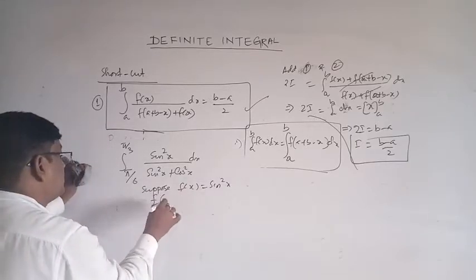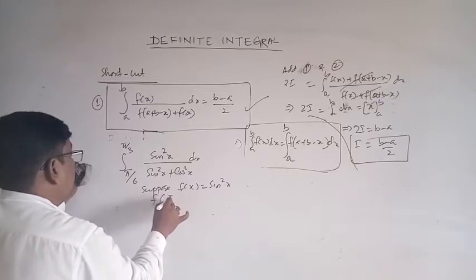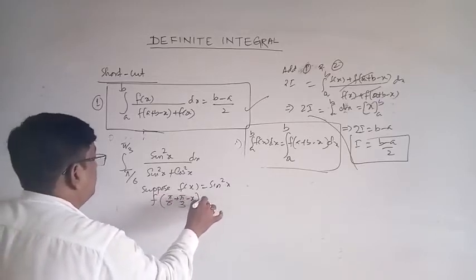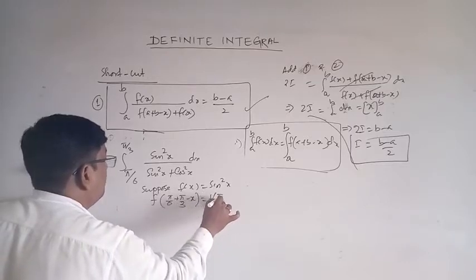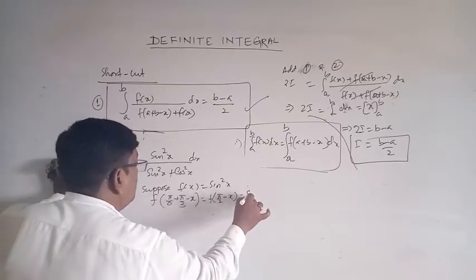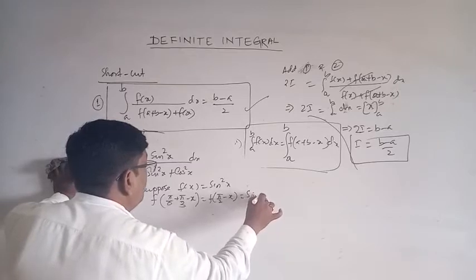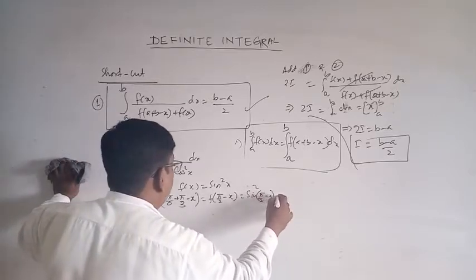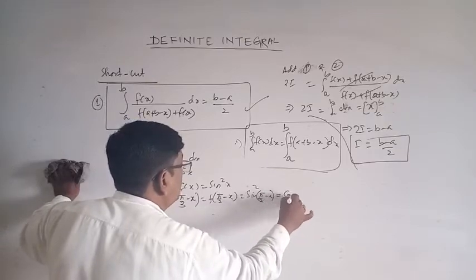Then f(pi by 6 plus pi by 3 minus x) is equal to sin square of (pi by 2 minus x), which is equal to cos square x.